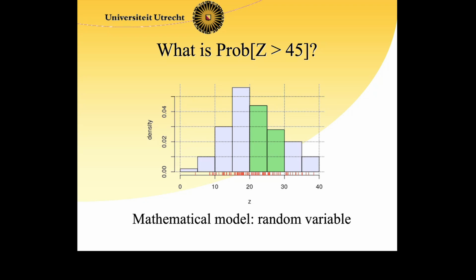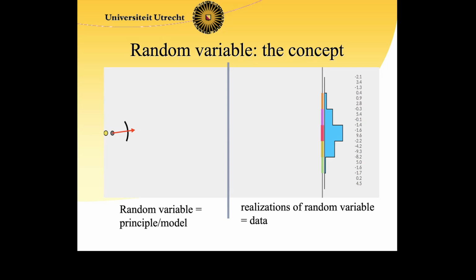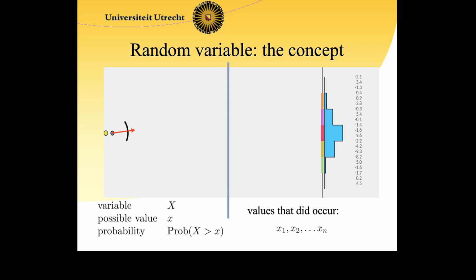And what is a random variable? Well, if we go to our archery exercise, the random variable is the process by which the imprecision of the arrow flying away here is generated. And that random variable has certain realizations, and those are the actual values that occur there. So we have a random variable X, for instance, and we usually use a capital to denote the random variable.